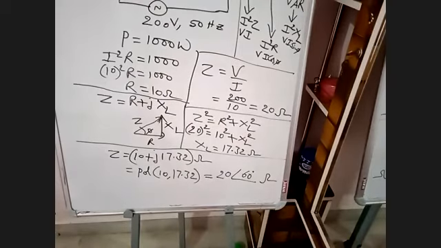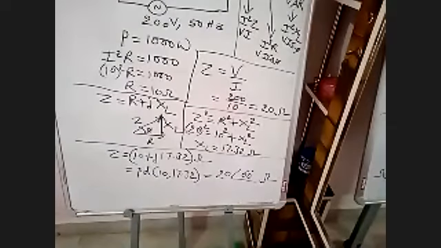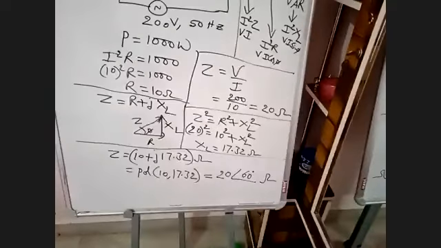Are you not getting this? You will get R and theta. R is Z here. Are you getting? No, sir. So in your calculator, are you getting POL? Yes, sir.